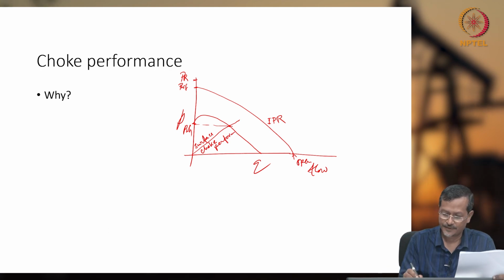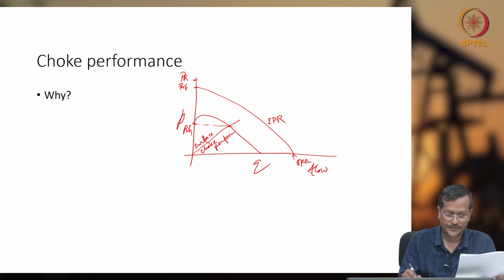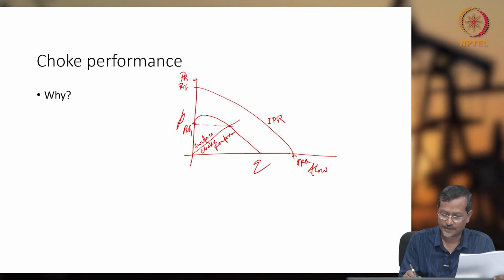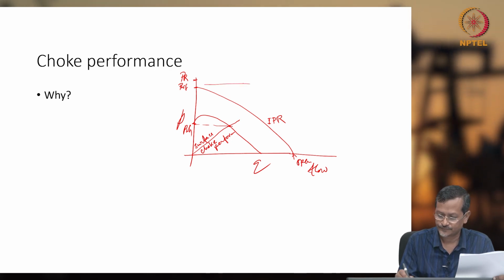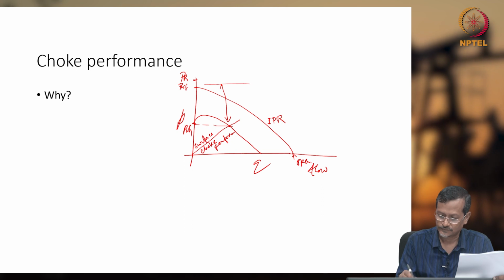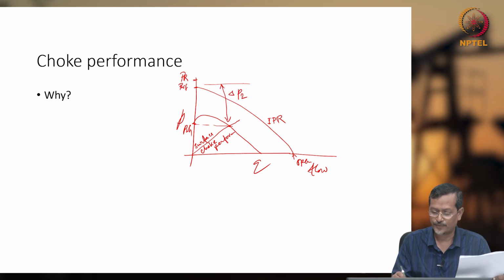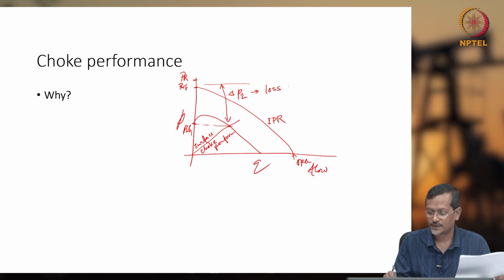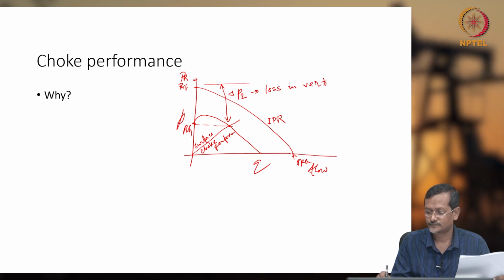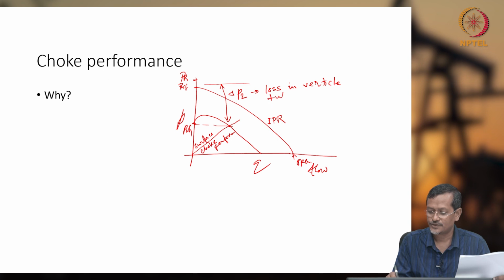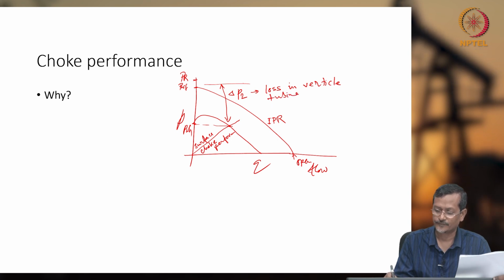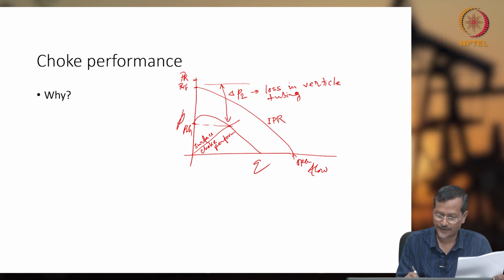And this is IPR, and this is del P2, or loss in vertical tubing. And next is surface choke, and this is surface wellhead.